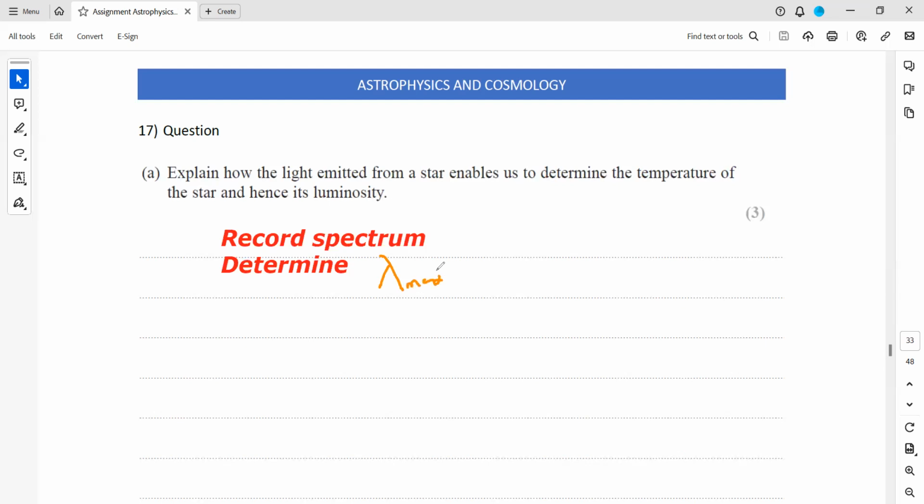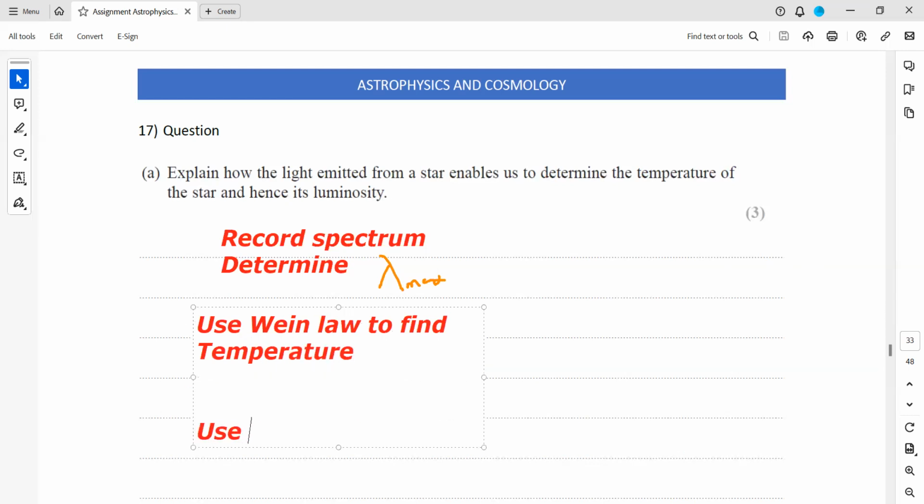And then from lambda max, we'll use Wien's law to find the temperature. And after finding the temperature, use the Hertzsprung-Russell diagram to find the luminosity.